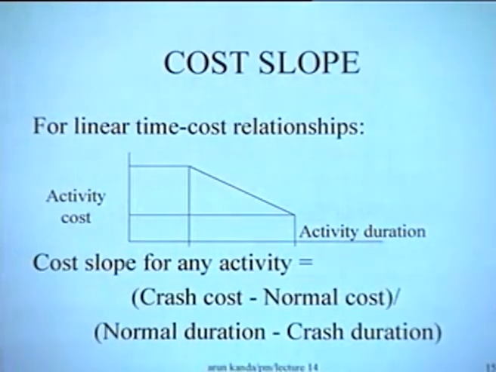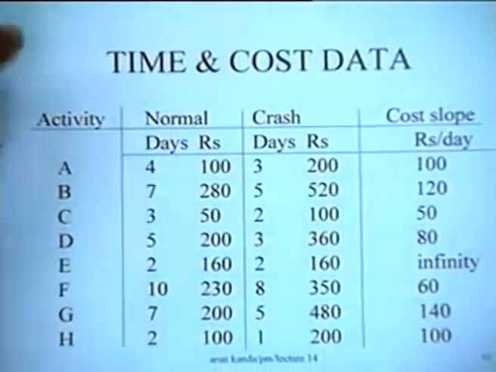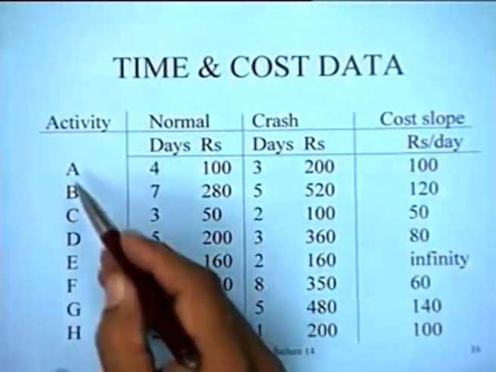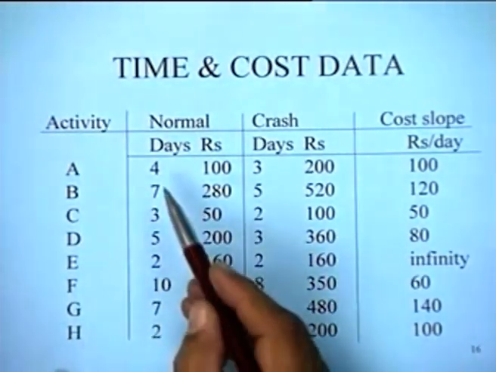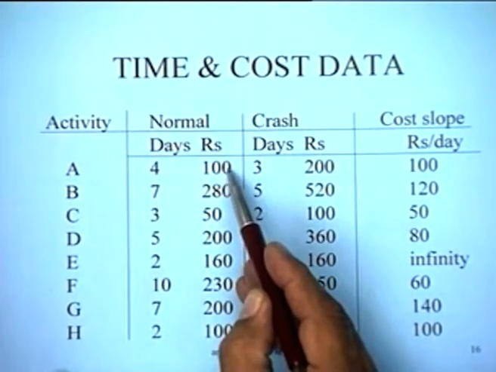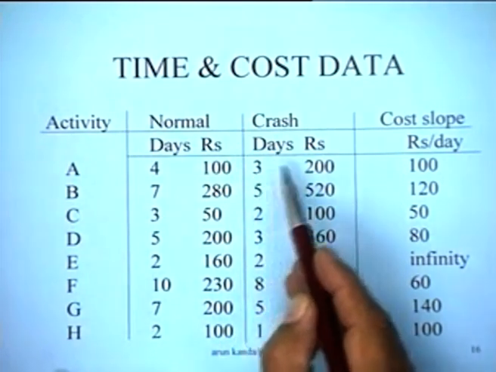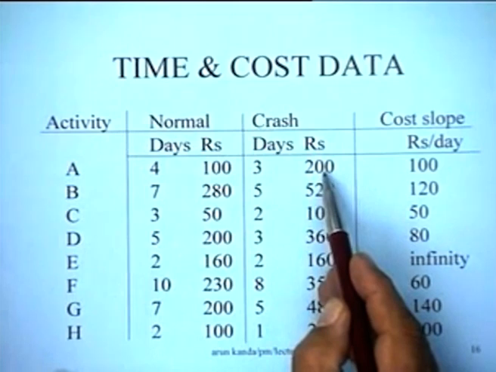So for the example that we just showed you, the time cost data is as shown here. These are the activities. The normal duration in days and the normal cost in rupees is given here, and the crash duration in days and the crash cost in rupees is given here.